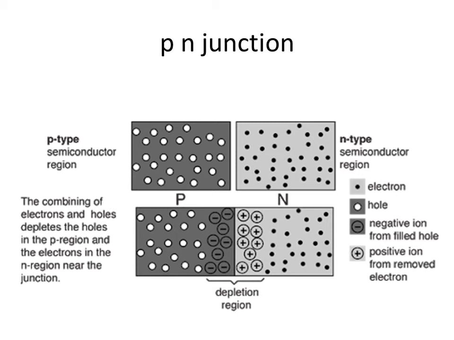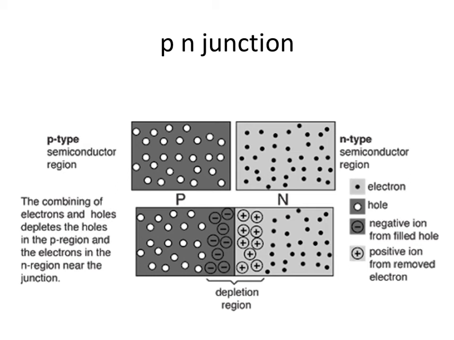In the diagram below, when you form the junction, on the right side you have a large number of electrons, and on the left side inside the p material you have some electrons which are minority carriers. So there will be a flow of electrons from right to left, because of a high concentration of electrons on the right side and a low concentration on the left side.